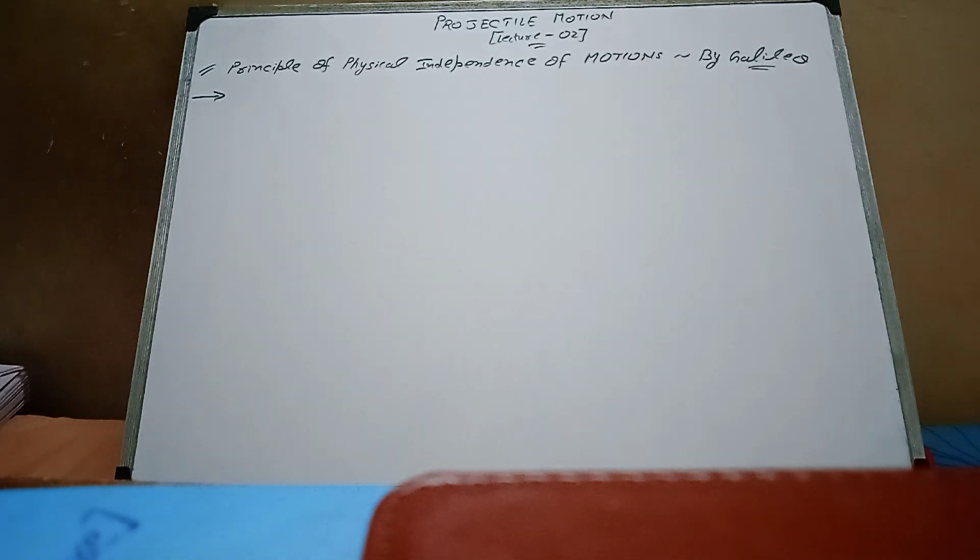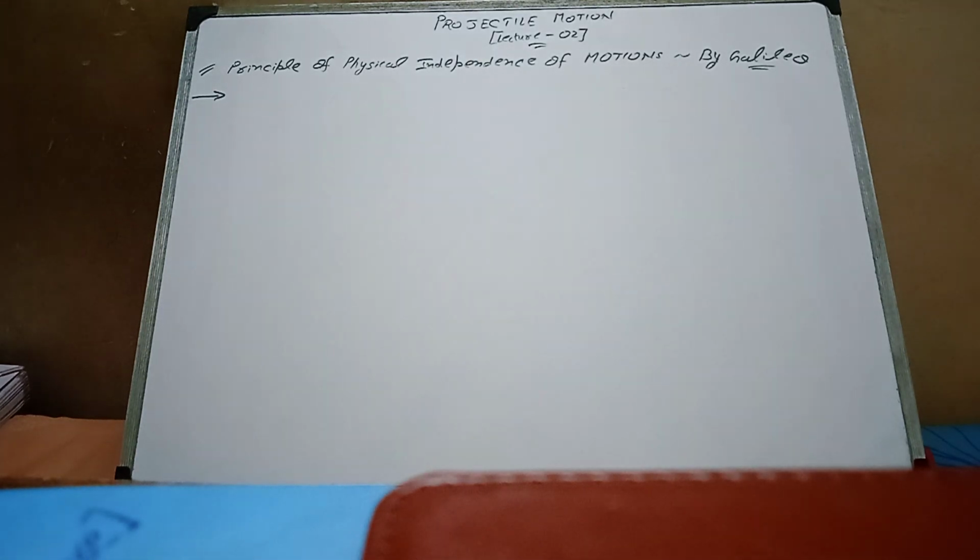So we are going to write the statement said by Galileo back in the 16th or 17th century. So what is the statement for the principle of physical independence of motions? First of all, you have to write this statement because this is very important. This is given in NCERT and a question comes in my examination to explain the principle of physical independence of motions.